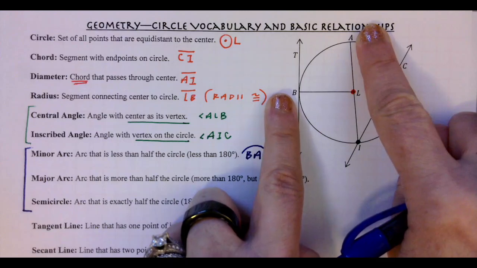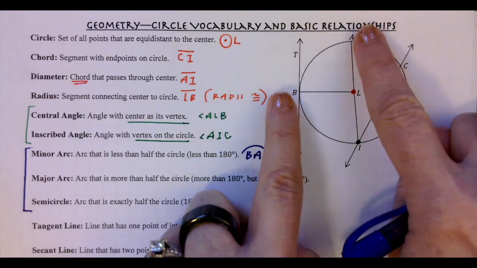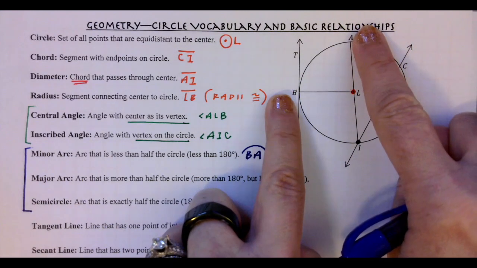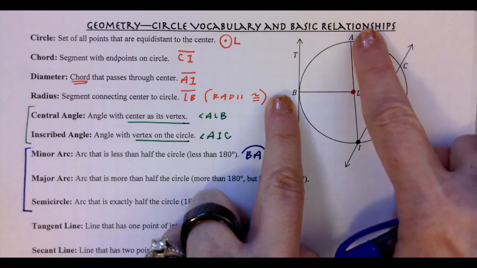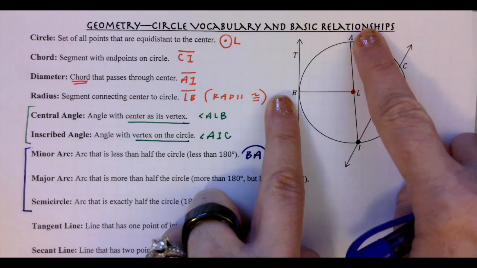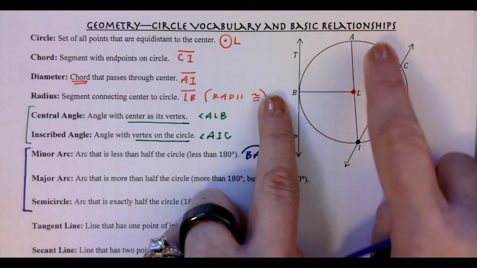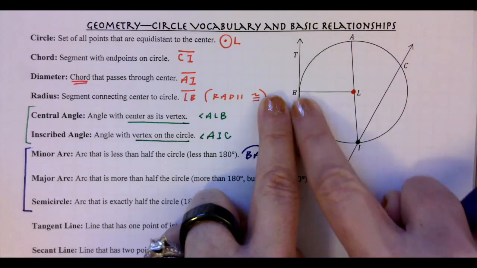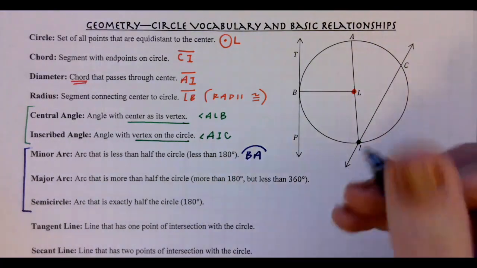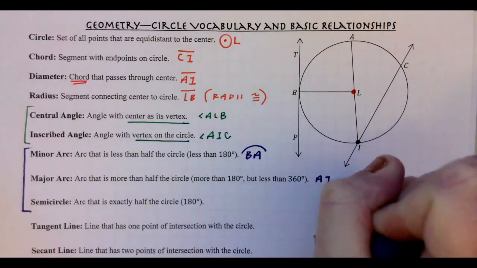So here I use a three-letter notation. I have the two endpoints, and then I just pick a point that falls in between. So for example, I can name the major arc ACB, that would be fine, or AIB, that would be fine as well. I'll do AIB.